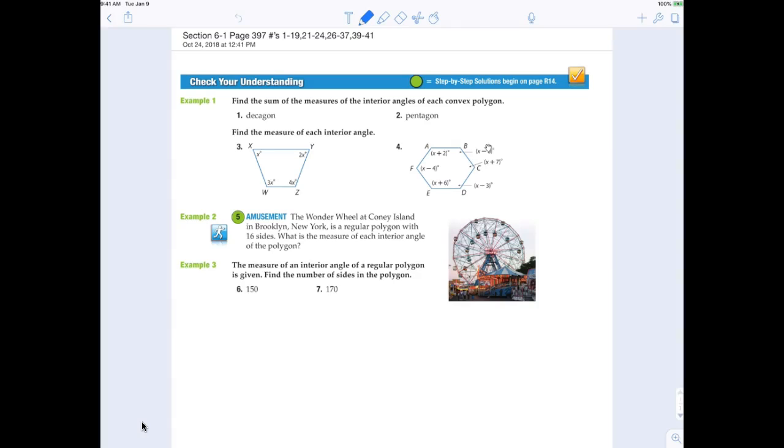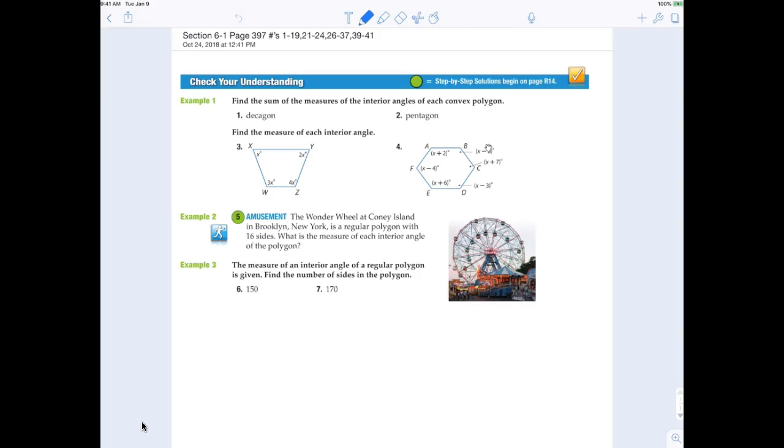All right, the sum of the interior angles of a convex polygon, there's a formula, and the formula is n minus 2 times 180. Now, how do they come up with that formula? They come up with that formula because the interior angles of a triangle always add up to 180.